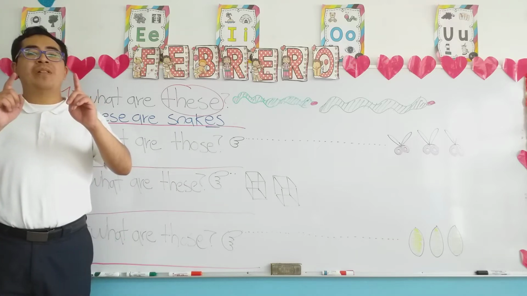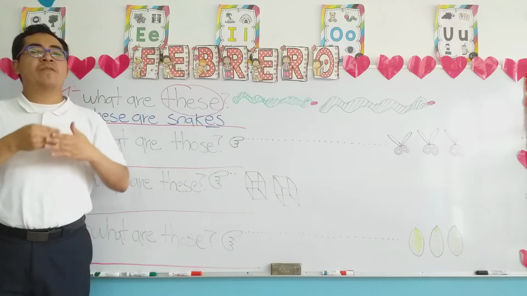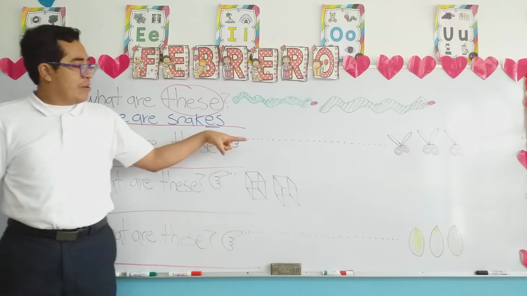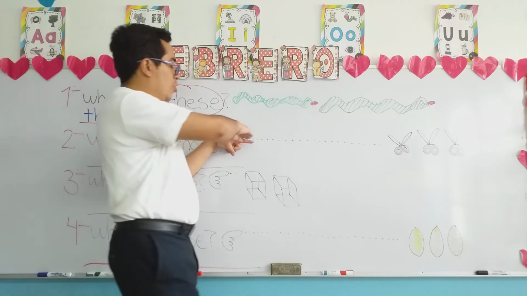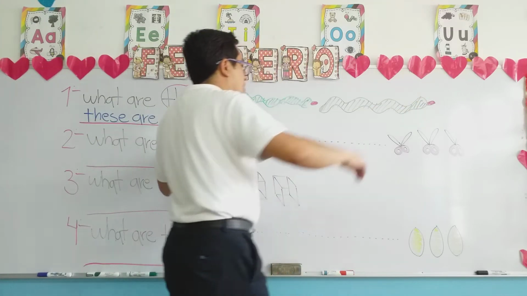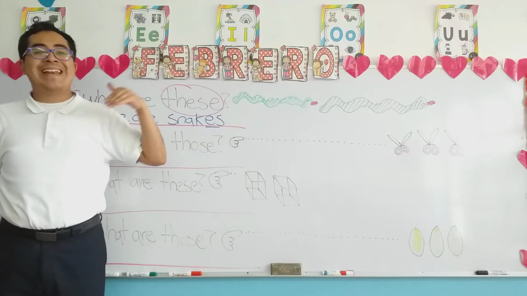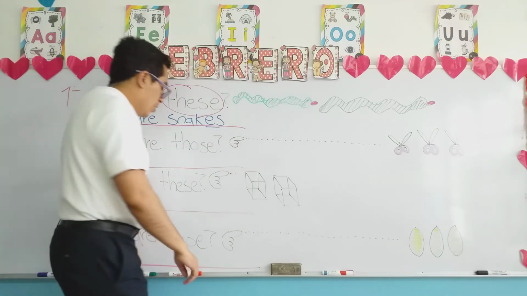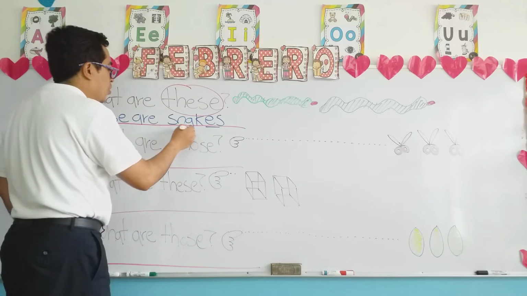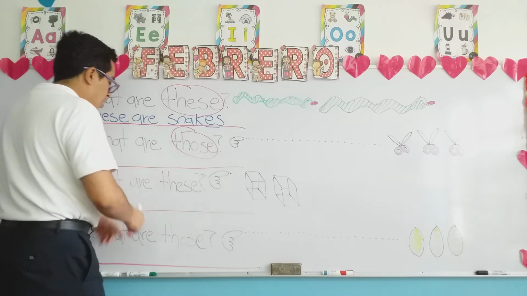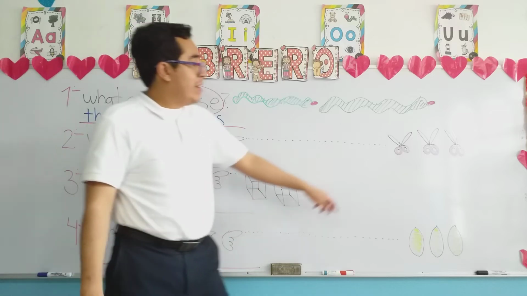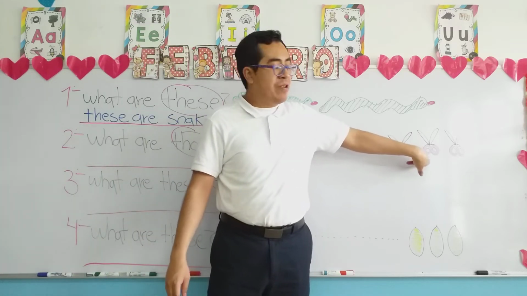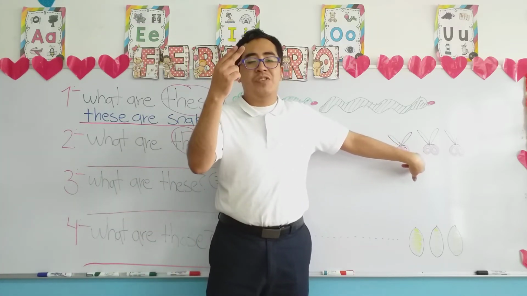Now first of all, the distance of the objects. Now here the finger is pointing to a long distance, so is far, están lejos de nosotros. So we use those, esos o esas, those. And the object that appears right here, these are scissors.